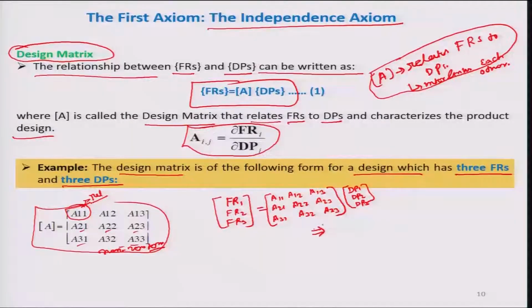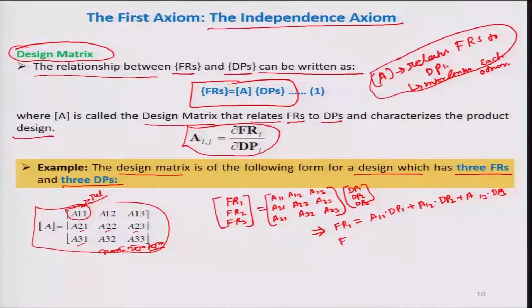If you write in extended form, what will it be? FR1 is equal to A11 into DP1 plus A12 into DP2 plus A13 DP3.